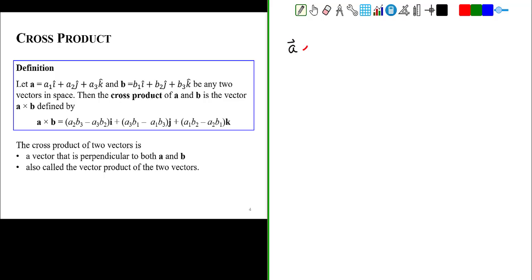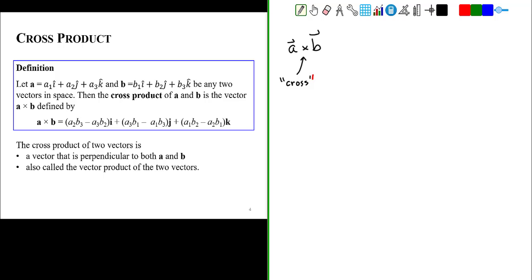So when you are multiplying using the cross product, we use this multiplication symbol, and this symbol has a very specific meaning. When it's in between two vectors, it says that we multiply those vectors in a certain way to get a new third vector.